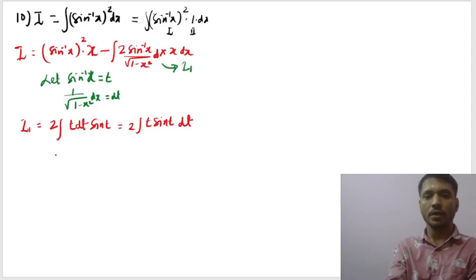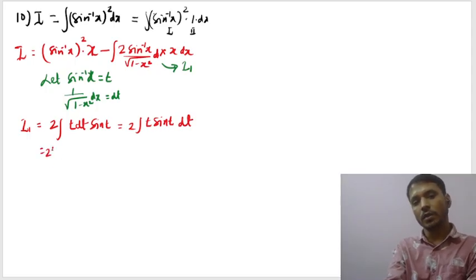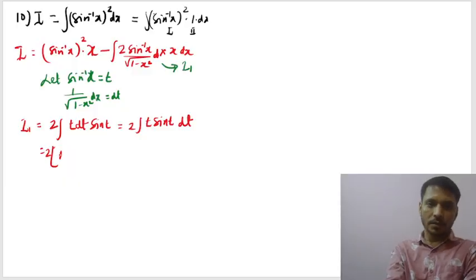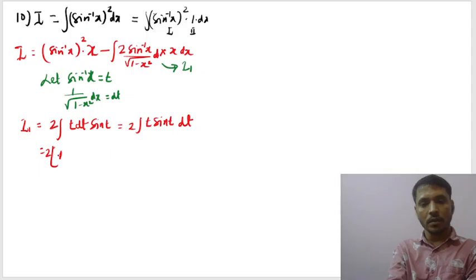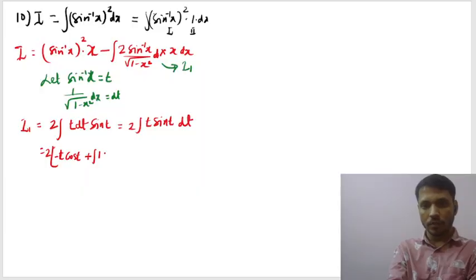Now we have to apply integration by parts. First t is the first function, so t will be as it is, and the integration of sine is minus cos t. Then the derivative of t is 1, and the integration of sine is cos t into dt.